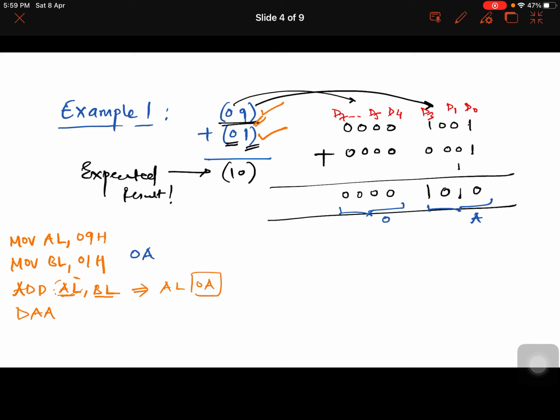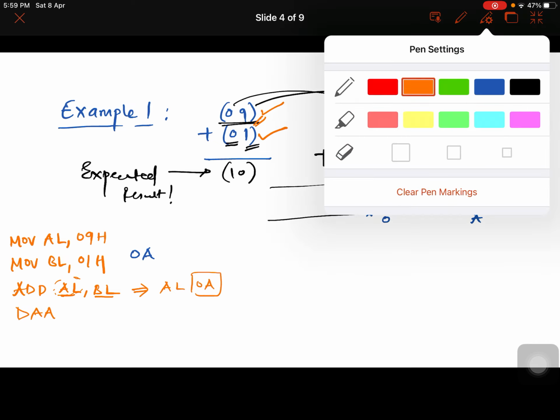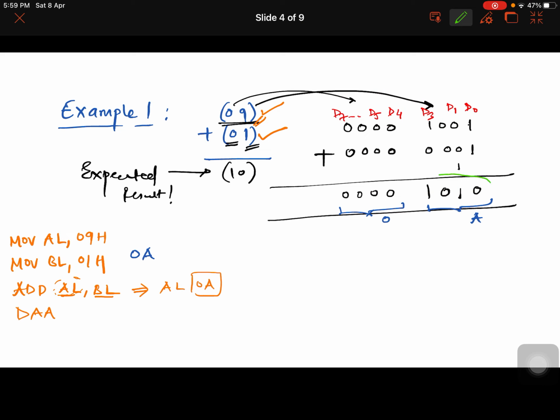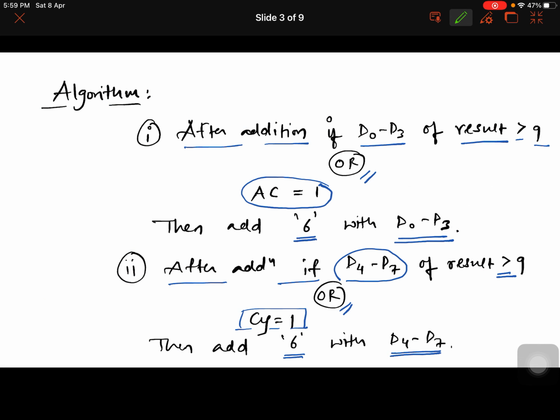Now, once the addition is performed, you check two things. First, D0 to D3 of the result. It is 1010, it means it is A. Can I say this is greater than 9? Okay, so I'll go back to the algorithm.